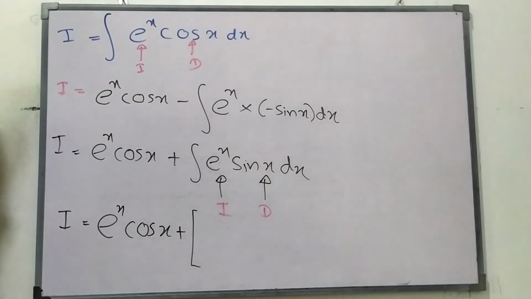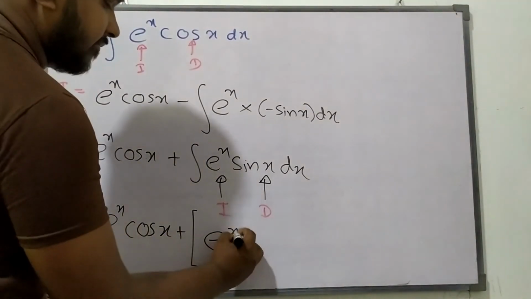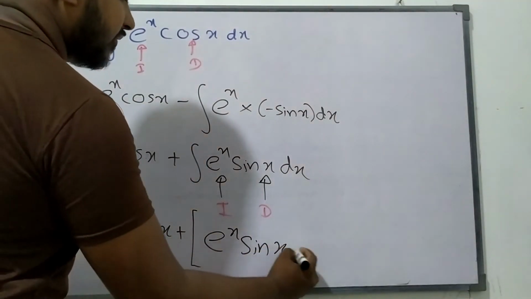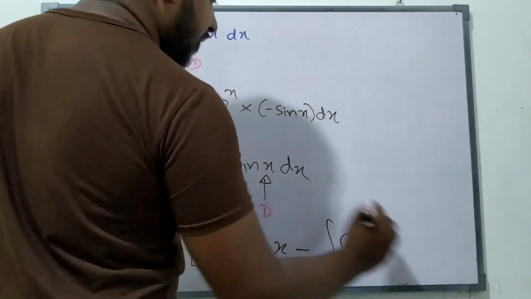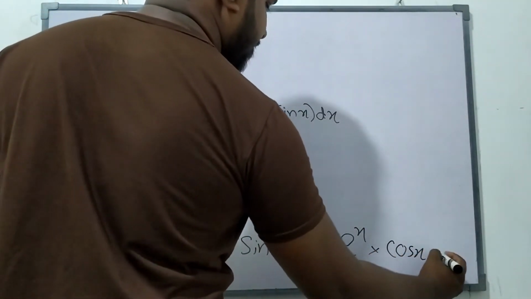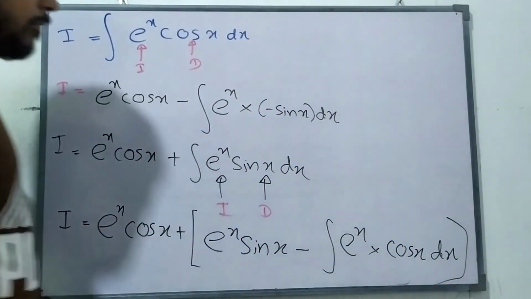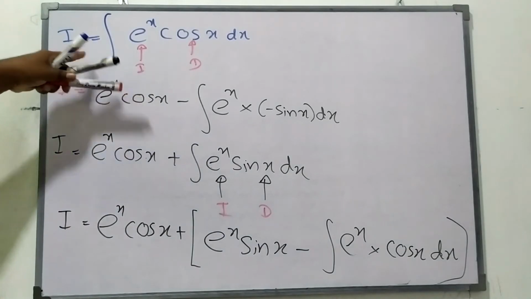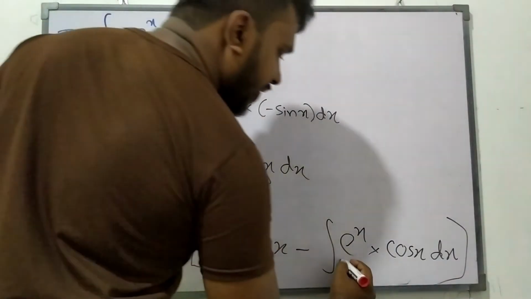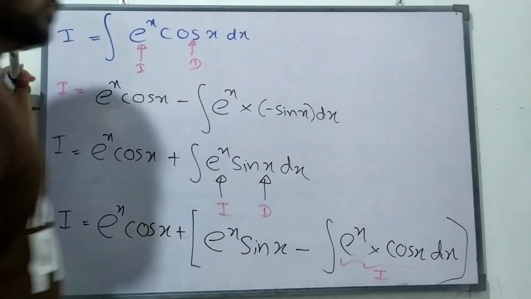So e to the x integration is e to the x, into the differentiation function, minus integration value into differentiation value, which is cos x. Right. So what is this? This is also again I, so I should be integrated again.